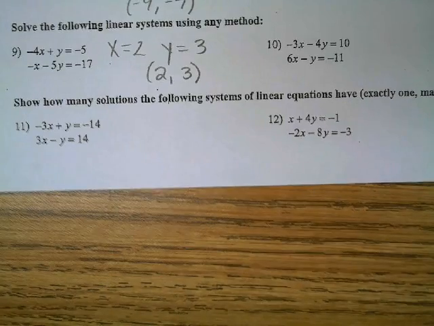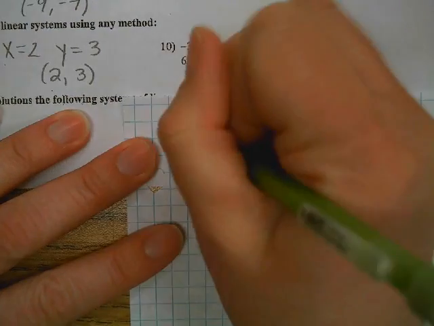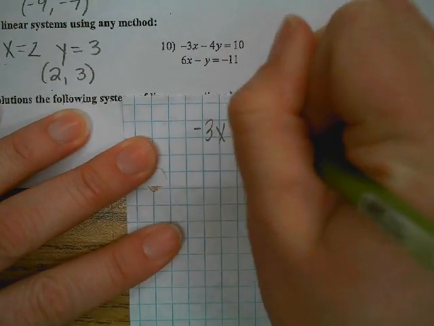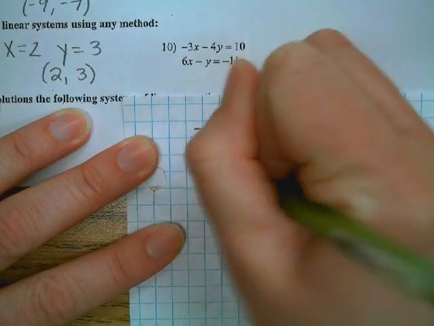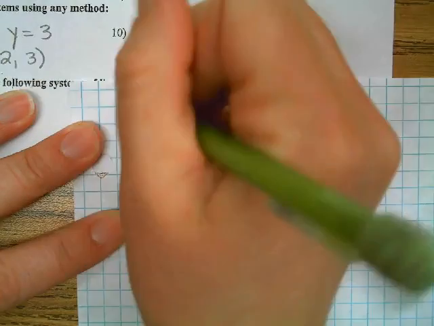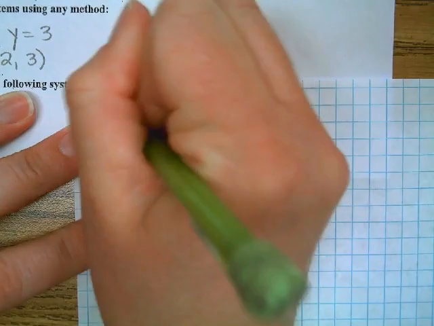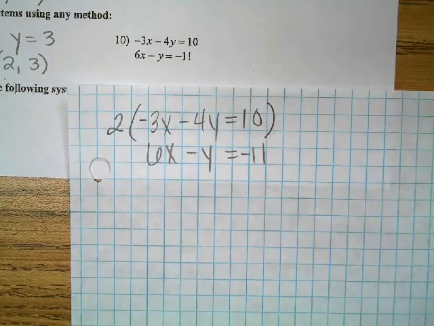Okay, number 10, I'm going to stick with the substitution method. Negative 3x minus 4y equals 10. And 6x minus y equals negative 11. If I multiply this top equation by 2, I'll get the x's to eliminate.